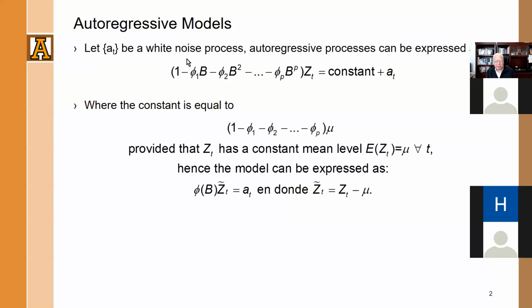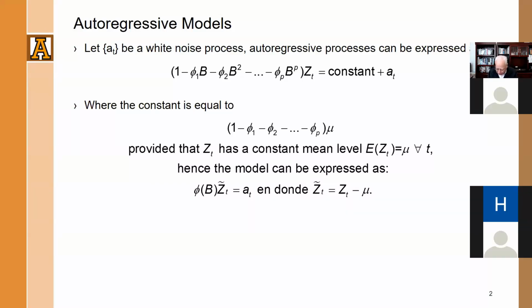And we can express this model to simplify notation. We'll use the backshift polynomial phi of B applied to Z tilde, where Z tilde_t is Z_t minus mu. So we're subtracting mu to simplify the equation and assume that the mean will be 0.